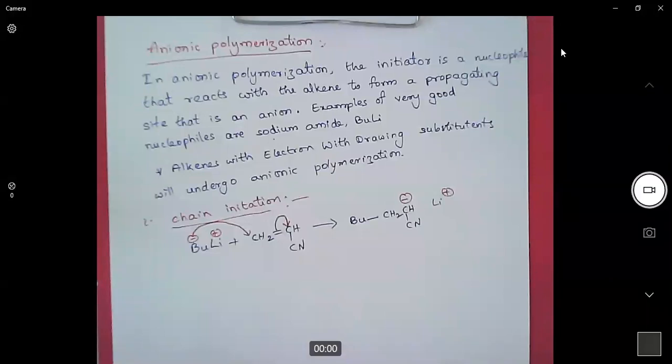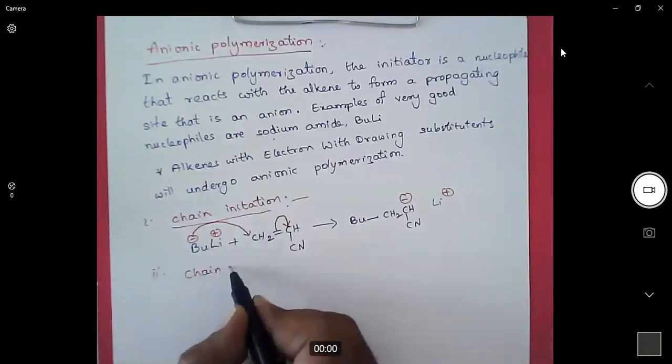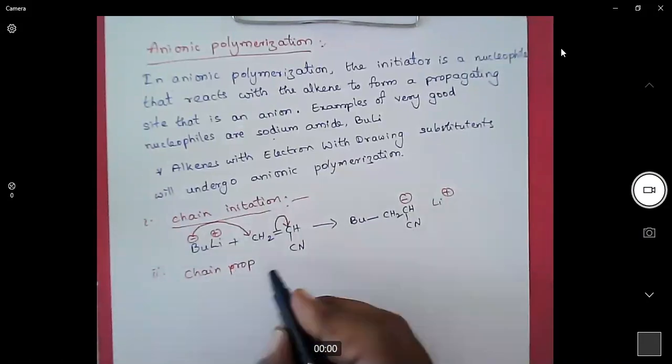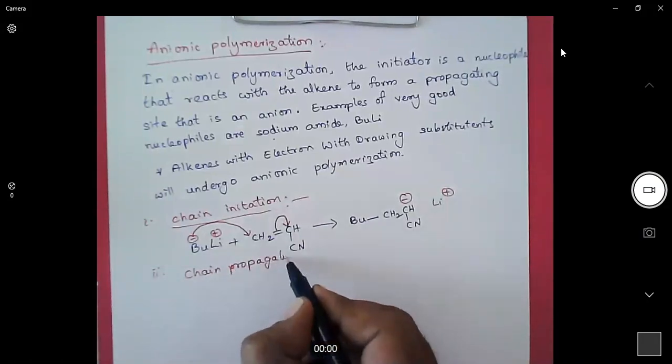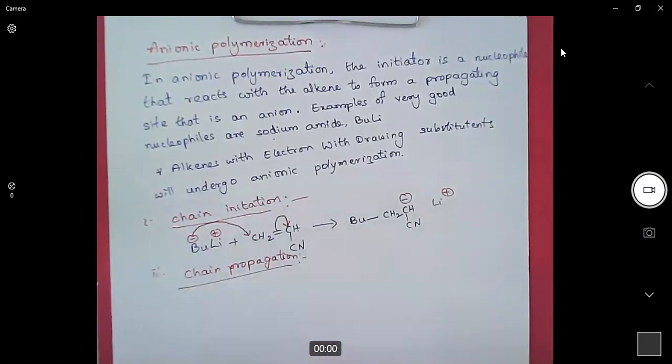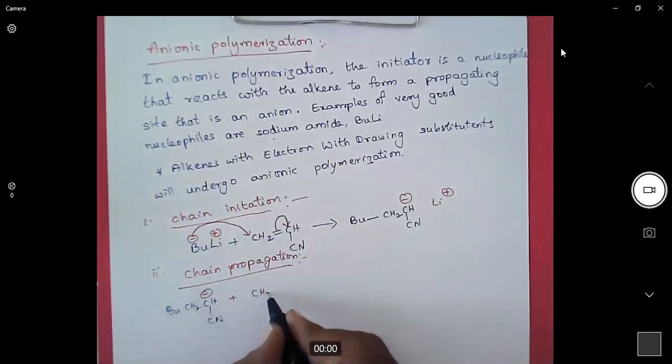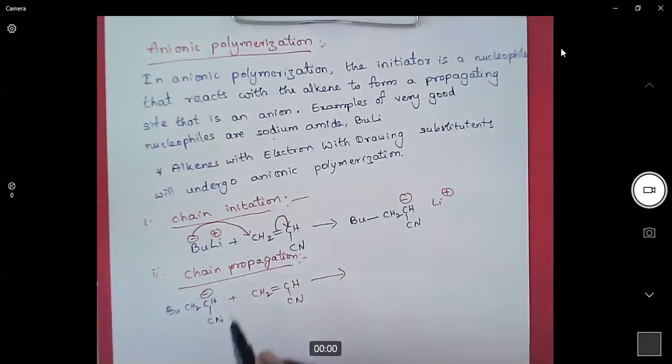This is the chain initiation step, and in the chain propagation step, what happens? This monomer anion generated in the first step will now add to another monomer. This negative charge will add here, and the double bond will be polarized towards this carbon.